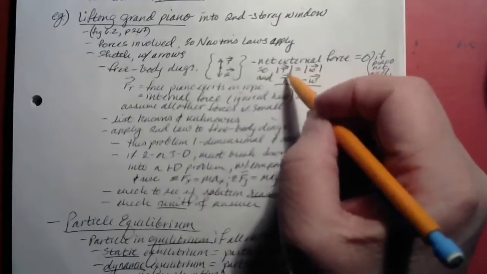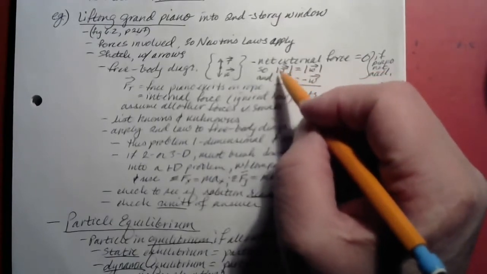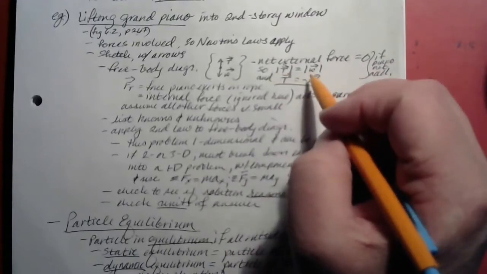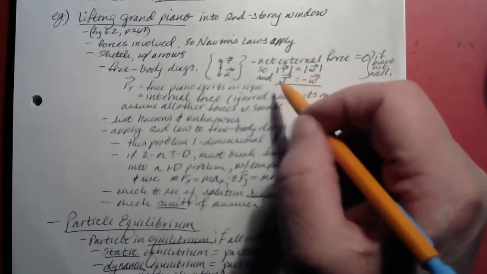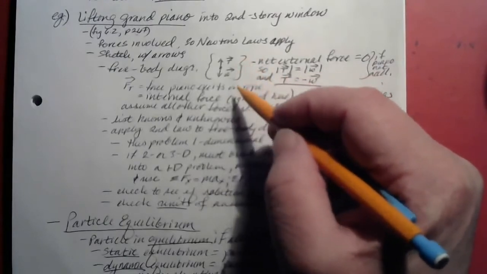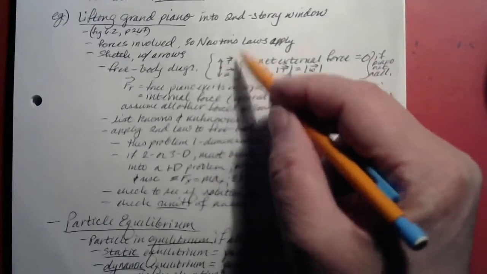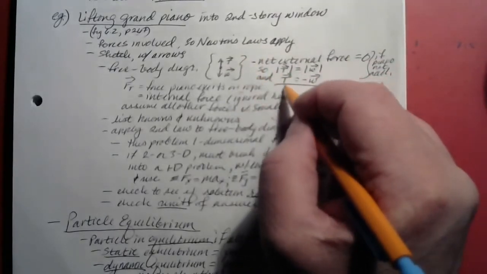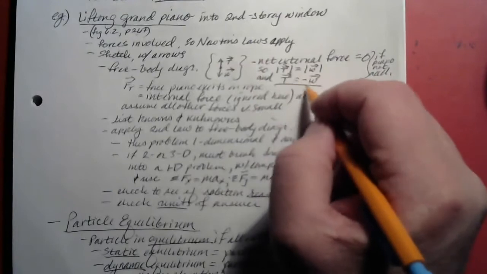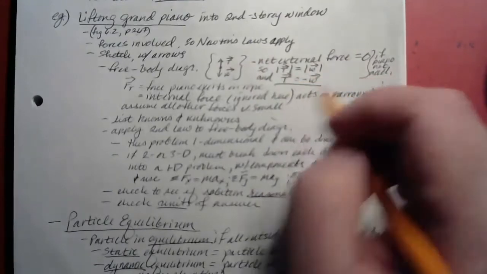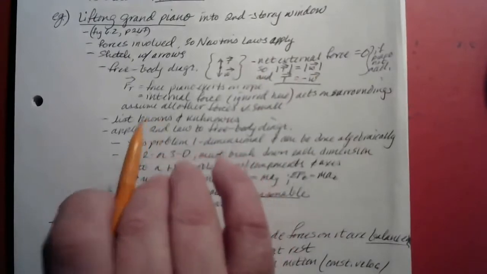So what that means is that the magnitude of the tension must be the same as the magnitude of the weight, because there's no net force in the vertical direction, and no net force in the horizontal direction either, but we're concerned more about the vertical direction. And that would mean that the tension in the wire or the line is equal to the negative of the weight in mathematical terms.